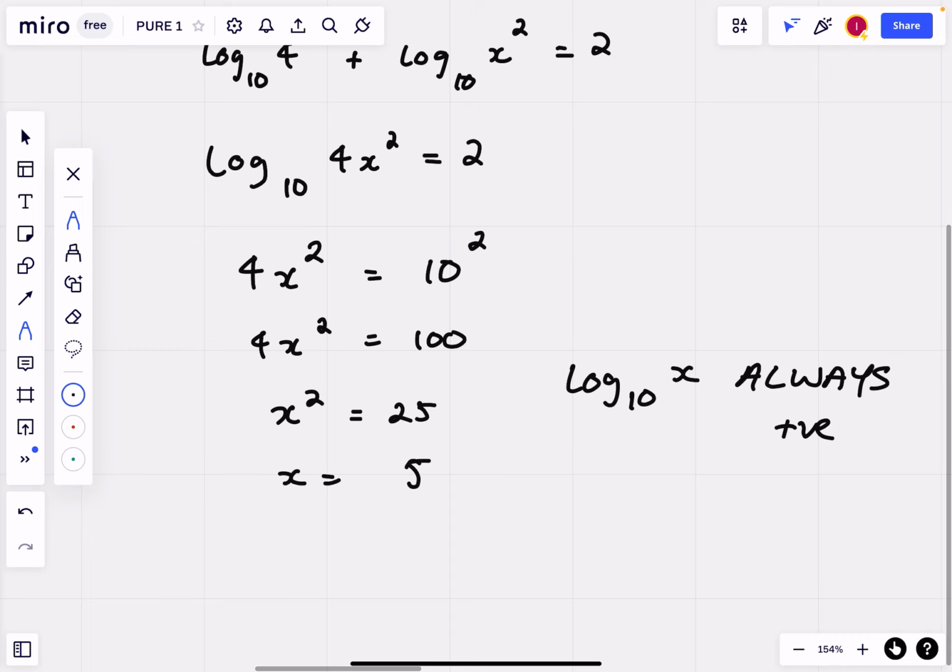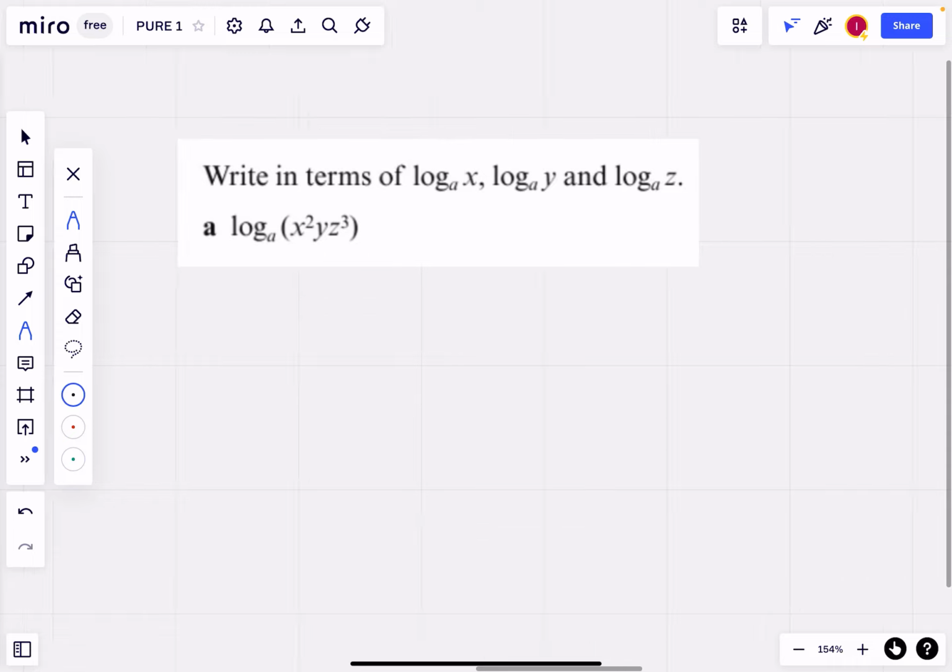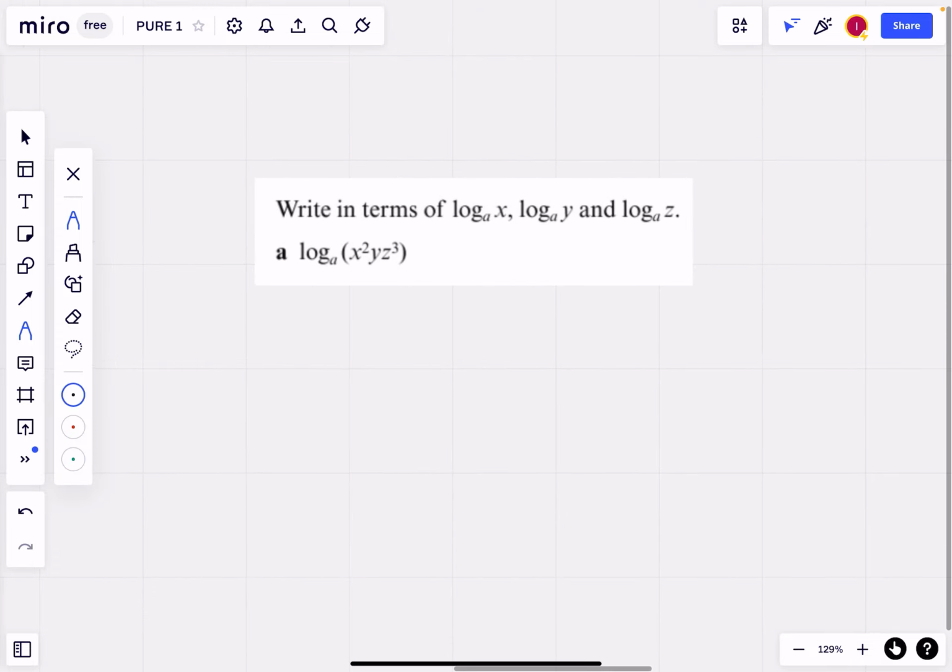Let's have a look at a different type of question. Write in terms of log a x, log a y, and log a z. So we want to make it larger, spread things out, kind of going in reverse. Here I am multiplying x squared, y, and z cubed together.